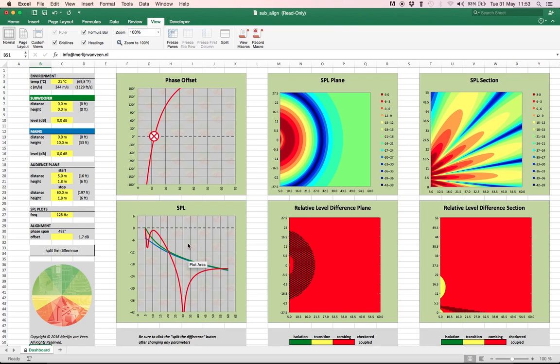And the whole purpose of this calculator is to attempt to put as many people, as many spectators in our audience within that top section of the phase wheel, with phase offsets of 0 to 120 degrees in one direction or 0 to minus 120 degrees in the other direction.